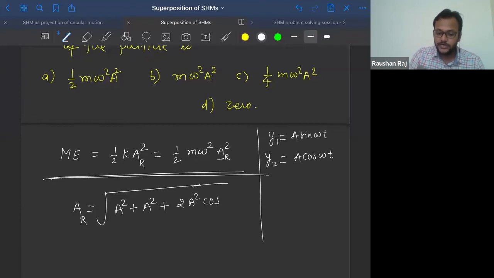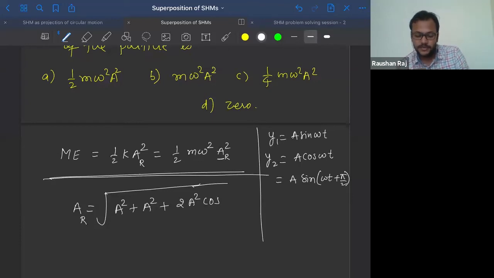How can we convert cos into sine? If I convert this into sine, we should add or subtract pi by 2. Here, if I add pi by 2, there will not be any problem. Why? Because when you add pi by 2 or subtract pi by 2, sine will become cos. But what will be the sign?